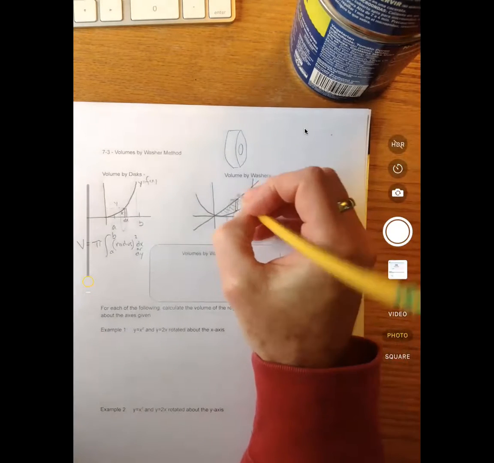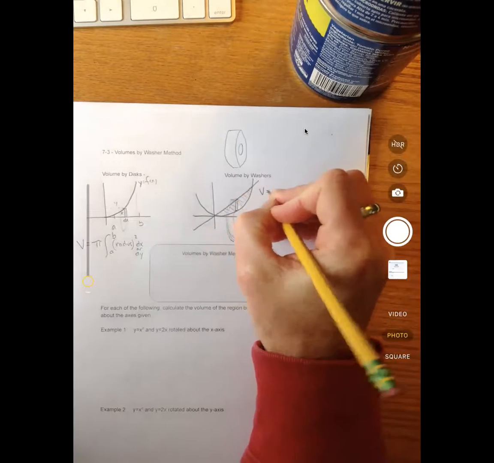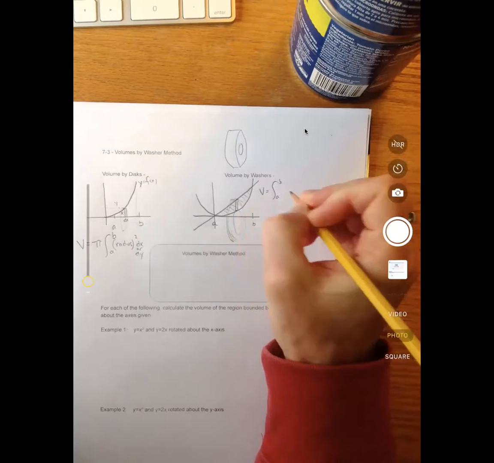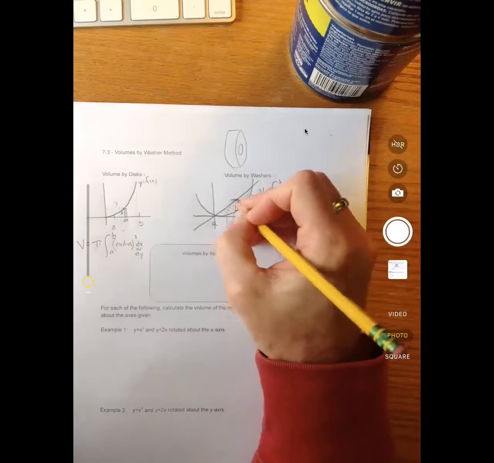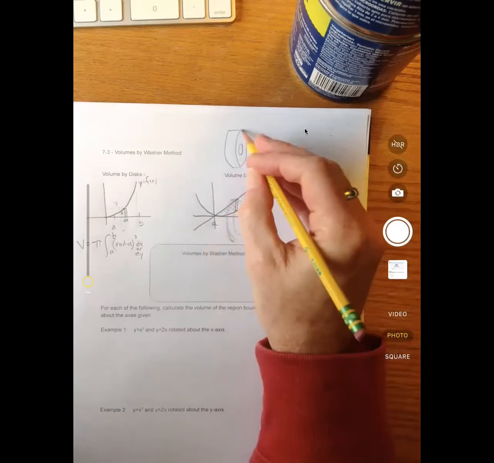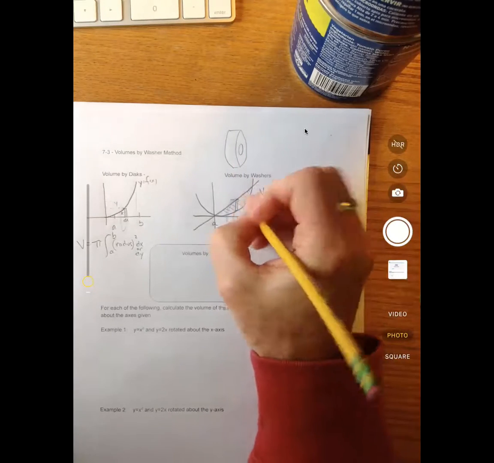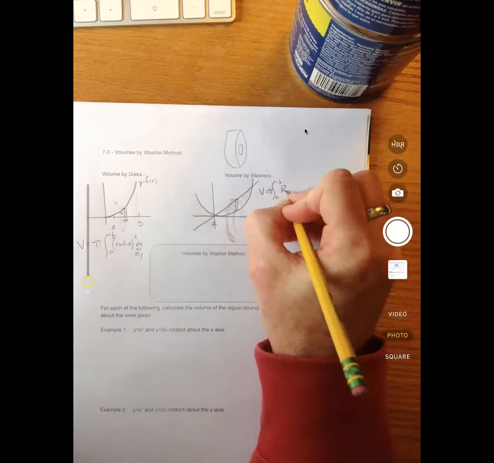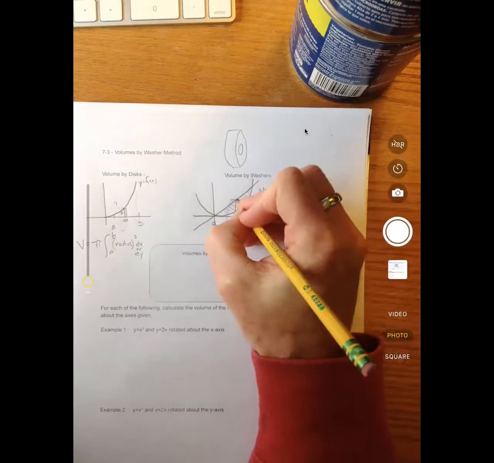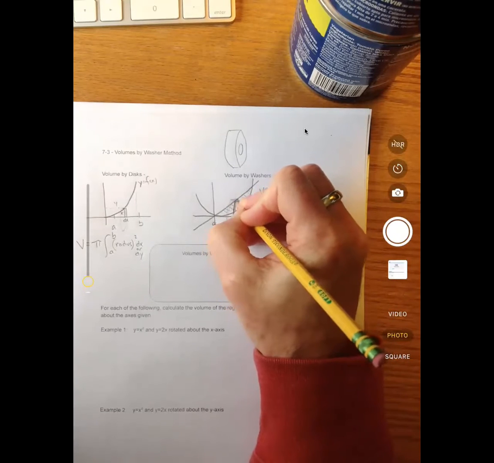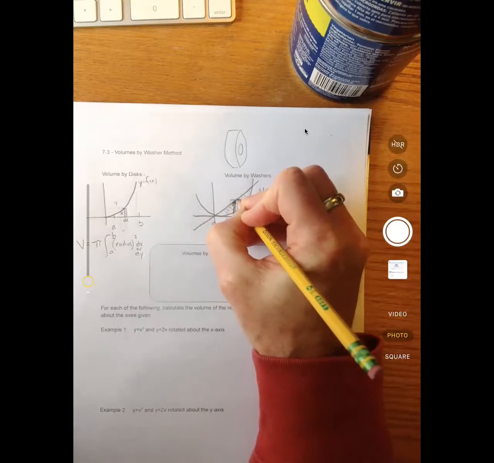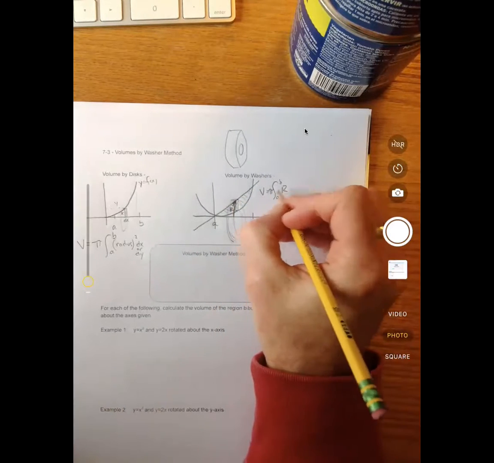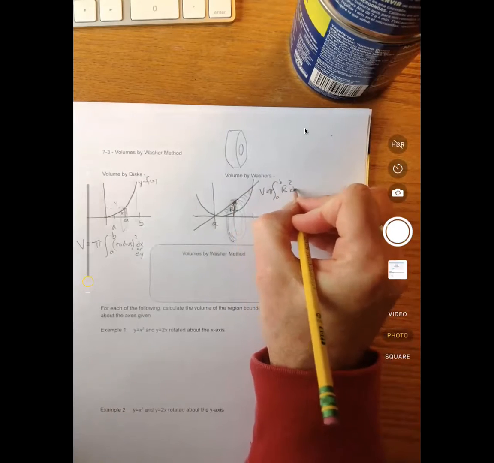So my volume is going to be, again, with some interval from a to b, and then I have this outer disk, which is the entire disk itself. Well, that's going to be pi times the radius. And I'm going to use a big R for the big radius, going all the way from the x-axis up to the top of that rectangle. That's big R. And so it's going to be pi big R squared dx, or dy.